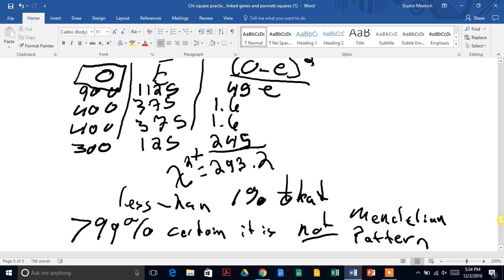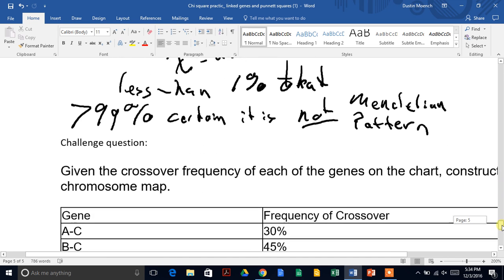So they could be linked. They could be linked genes. That might be what this is. Probably not. I don't see too clear linked or recombinants and too clear parentals, but hey, you never know.